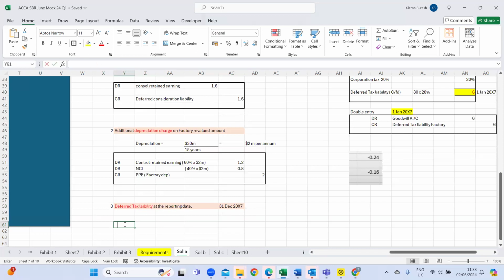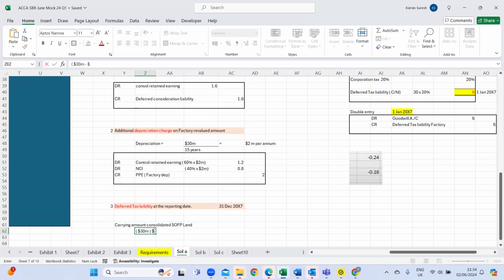We need to get the carrying amount of the land in the consolidated statement of financial position. The initial figure was 30 million, which we recognized at fair value, but then it has been depreciated for 1 year.